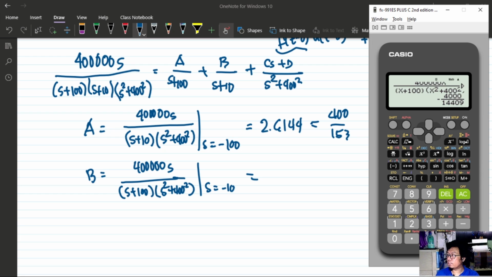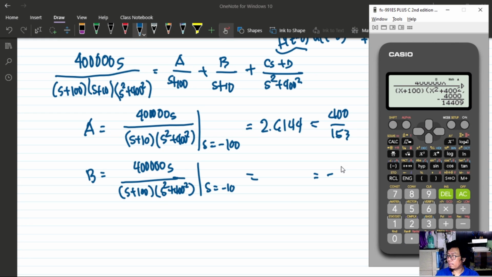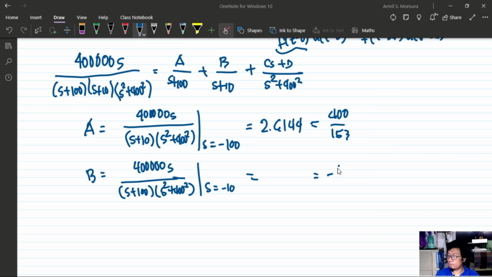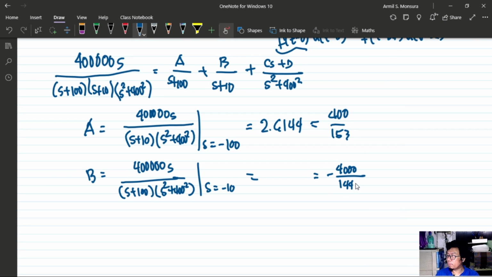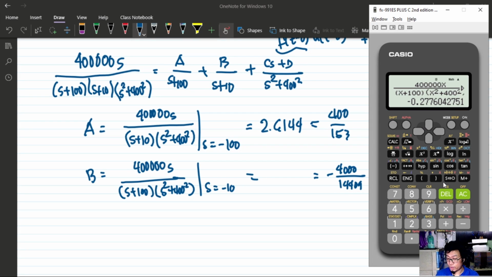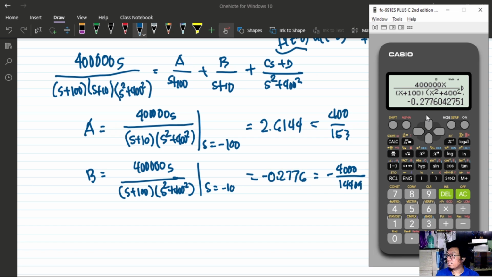That should give you, written in exact value, negative 4,000 divided by 14409. In decimal, which we will report later, this is negative 0.2776. So that's B.